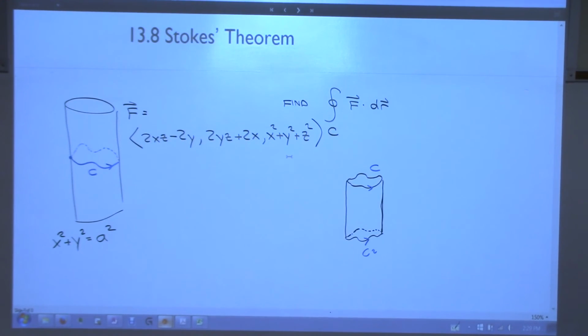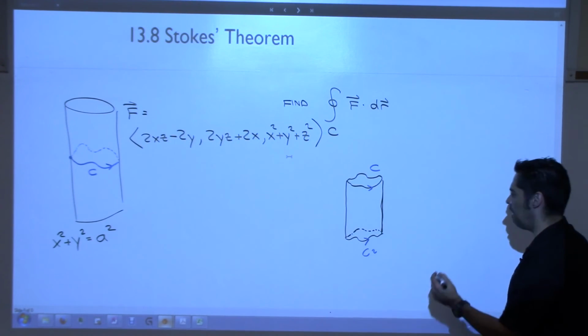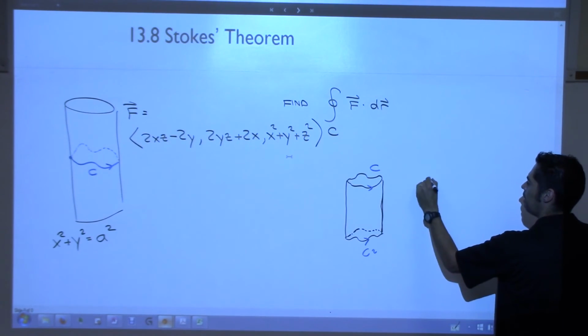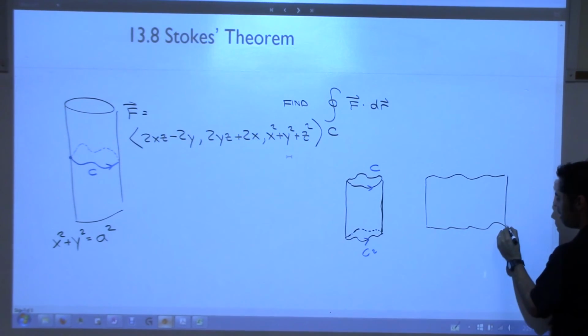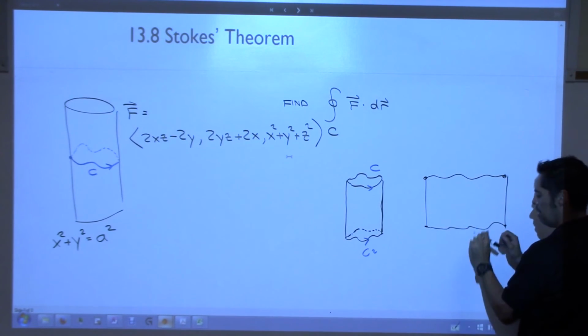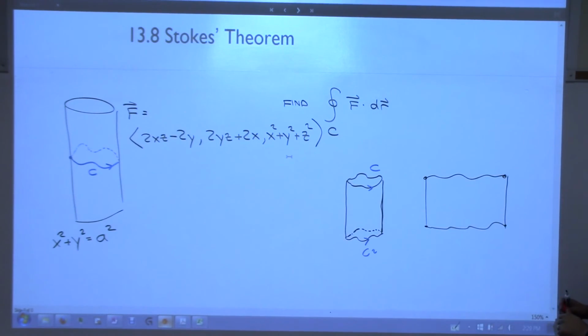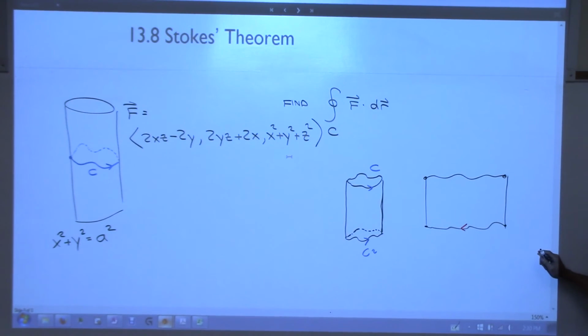Right? So let me do this. How about, imagine cutting this and opening it up. That might help. If I cut it and open it up like this. All right, let's say these two points come together, these two points come together, right? So which direction was C2 in? Is it this way, like this?